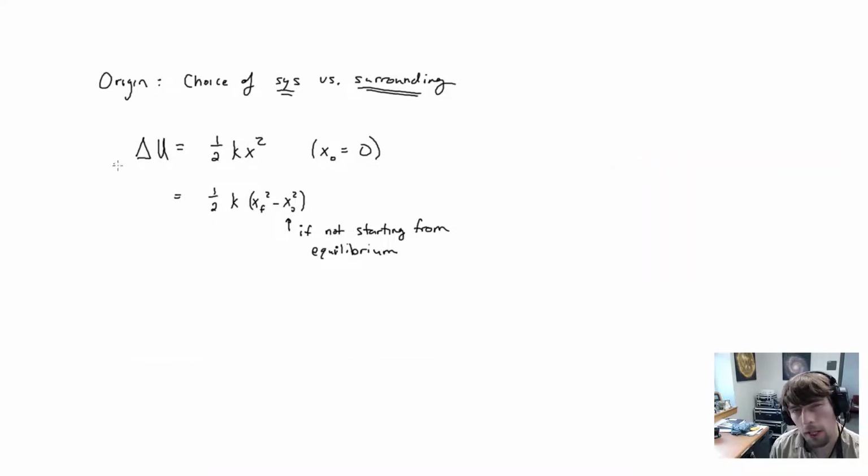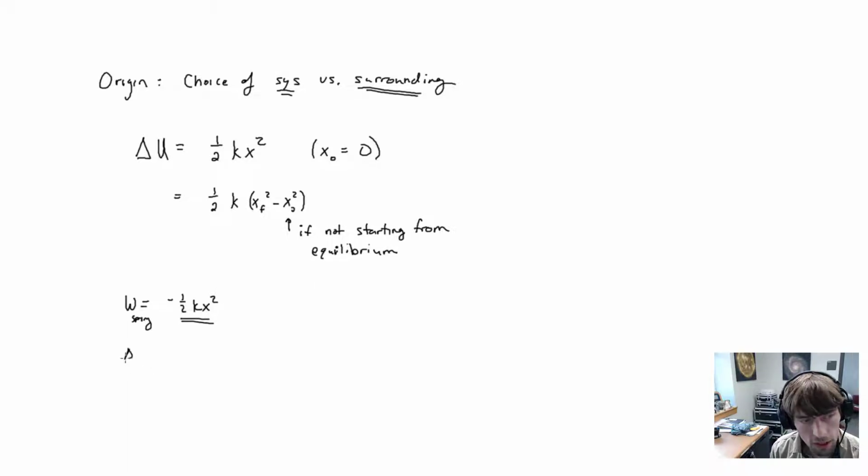And if you don't remember how we actually came up with this, go back and watch the entire video. But the shortcut version is we found the work done by the spring, which was negative 1/2 kx squared. Then we asked ourselves, if we include the spring in our system, we basically found that this would be the amount of energy that the kinetic energy changes by.